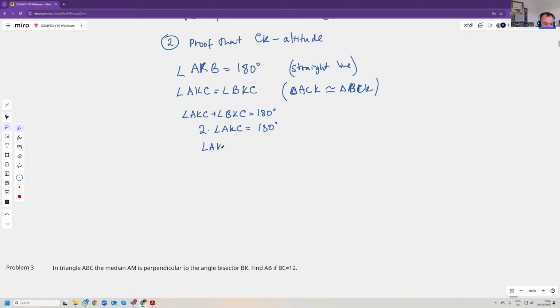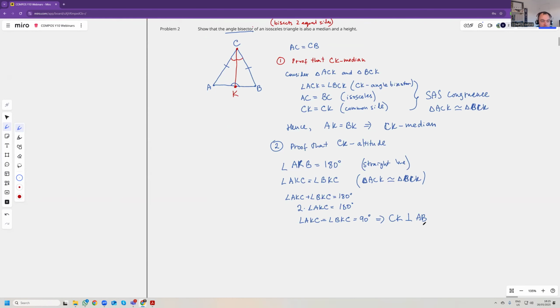So angle AKC is equal to angle BKC, which is 90 degrees, and hence CK is perpendicular to AB. And if CK is perpendicular to AB, then CK is the height or altitude.